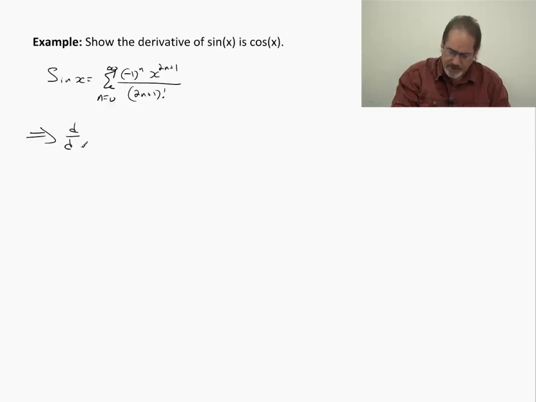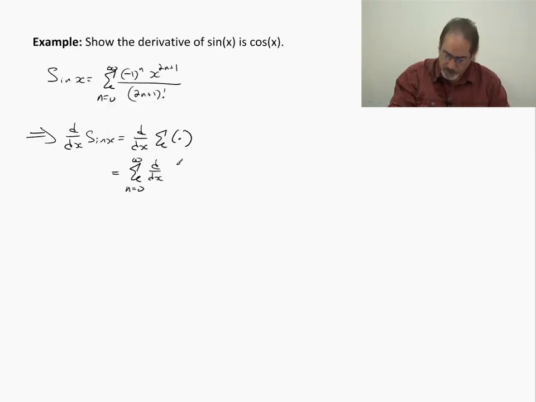Well, that would imply that the derivative of sine x equals the derivative of all of that, which is equal to the sum n equals 0 to infinity of the derivative of negative 1 to the n x to the 2n plus 1 over 2n plus 1 factorial.